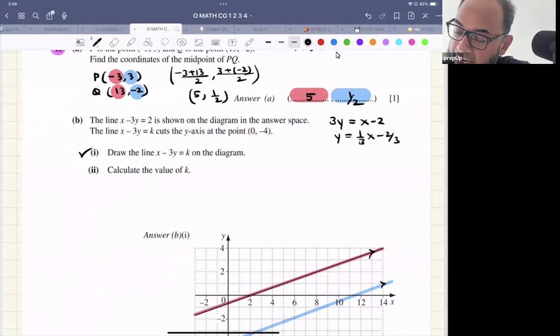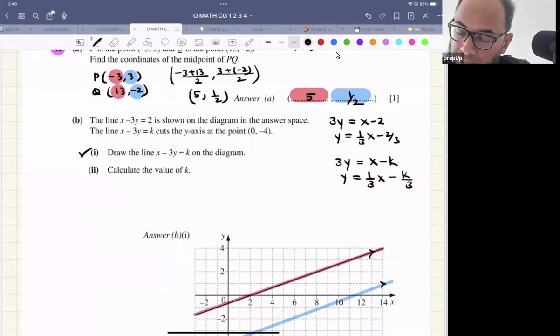And over here, x minus 3y is equals to k. Taking 3y on the other side, 3y is x minus k. Therefore y is equals to 1/3 x minus k over 3.